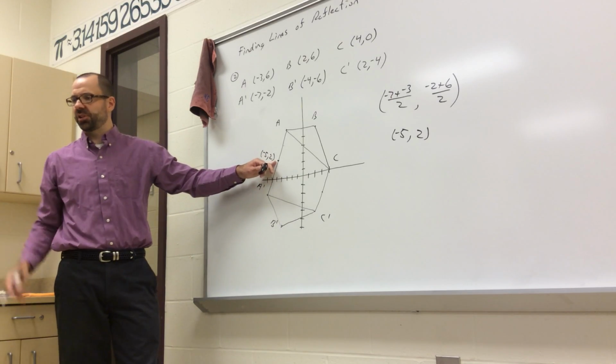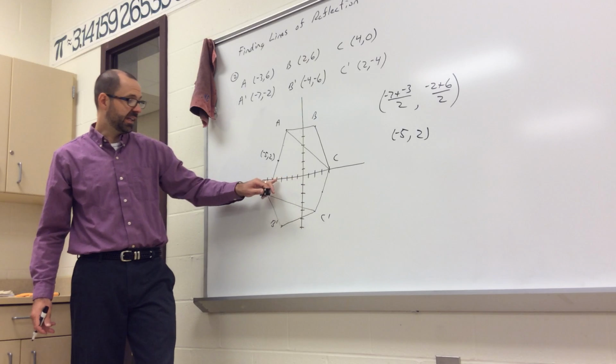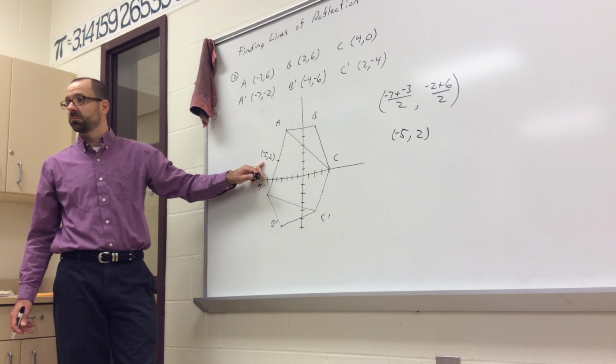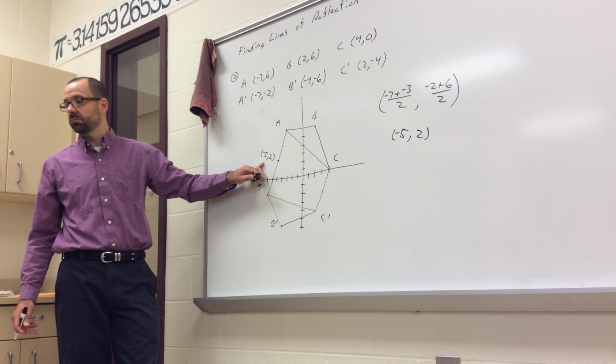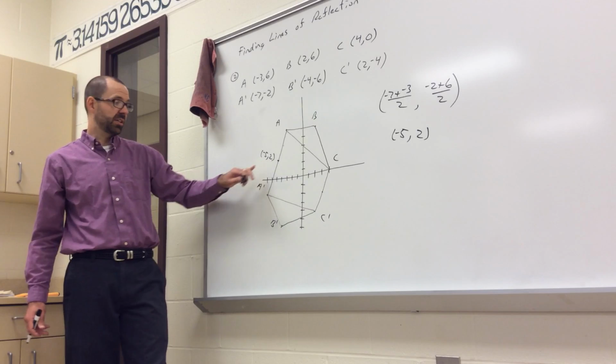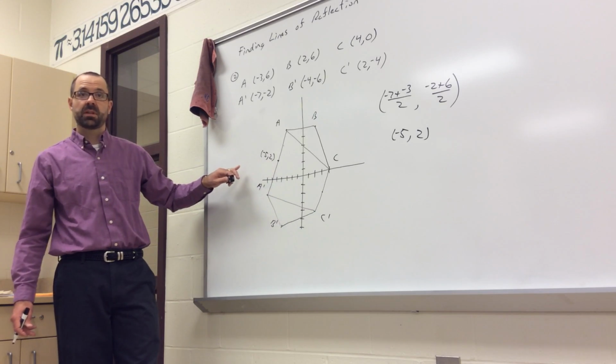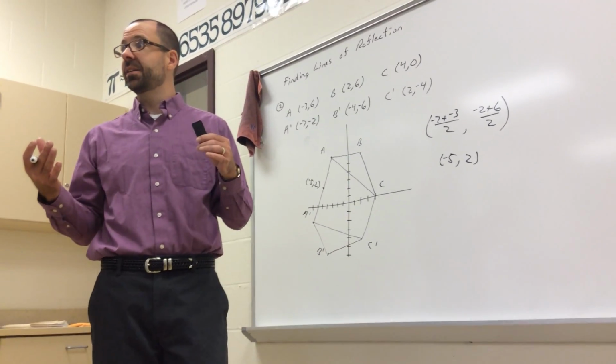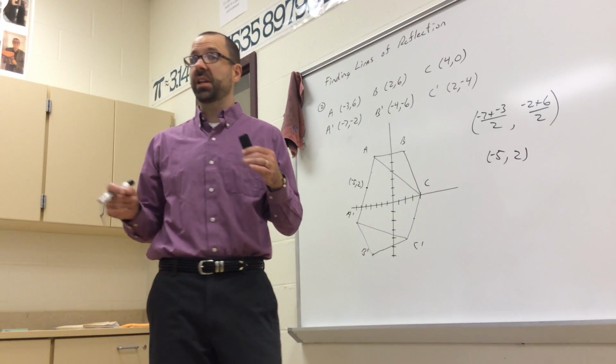Does that seem accurate on your graph? That -5, 2 is in the middle? Okay, so we found the midpoint. And the reason we found the midpoint is because the reflection line is going to go through the middle of the connector line.